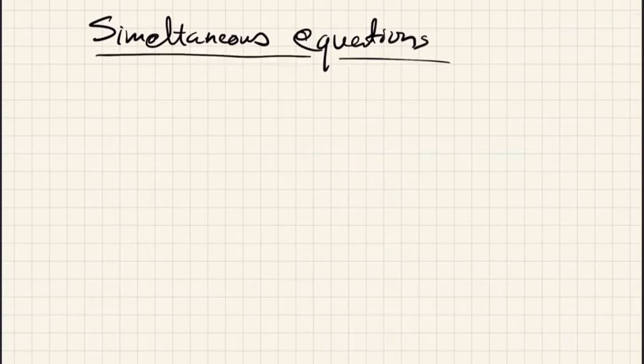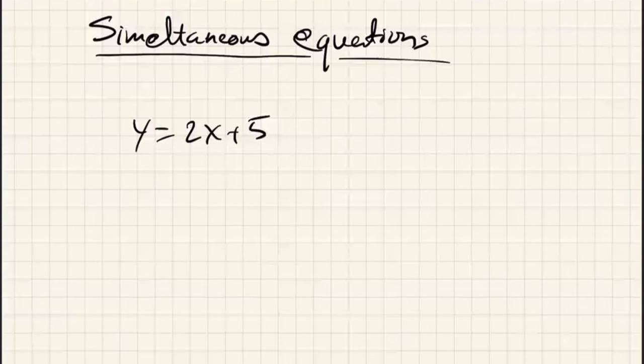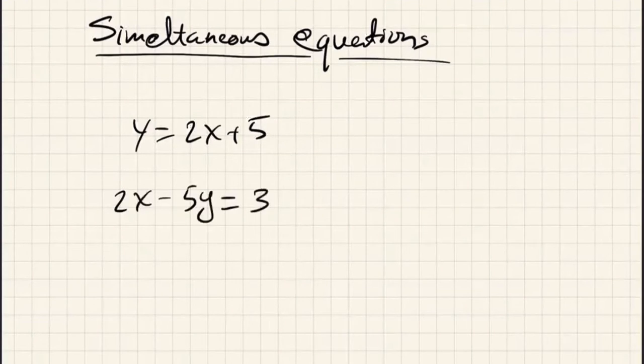Simultaneous equations are normal equations, like y equals 2x plus 5 and 2x minus 5y equals 3. These both are straight lines. I know this is a straight line given in the simple form y equals mx plus c, and this is another straight line given in a different way than the standard y equals mx plus c.